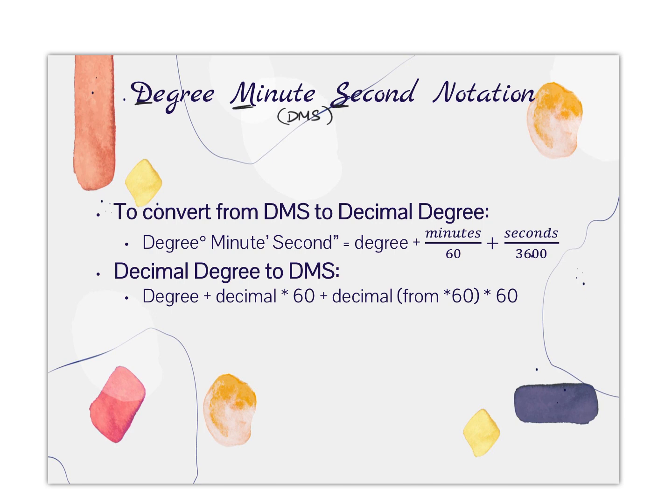And it is a way to take a decimal degree and convert it into degree, minute, and second notation, okay? A degree always uses the little circle that you know for the degree symbol.